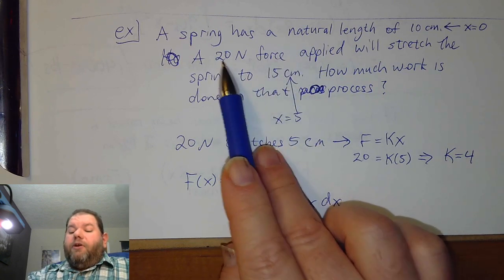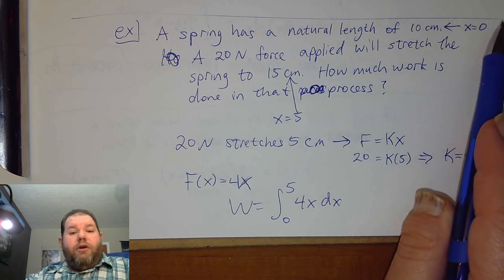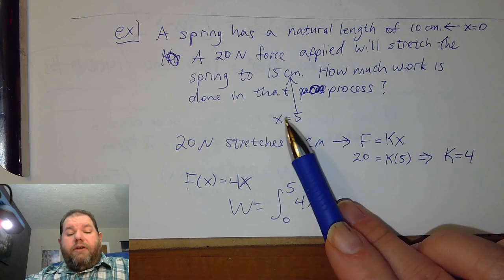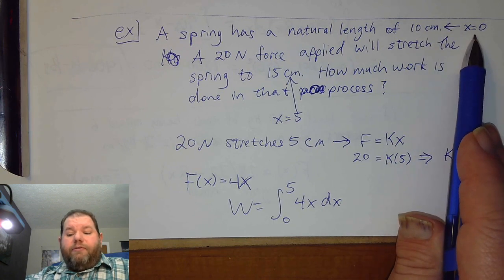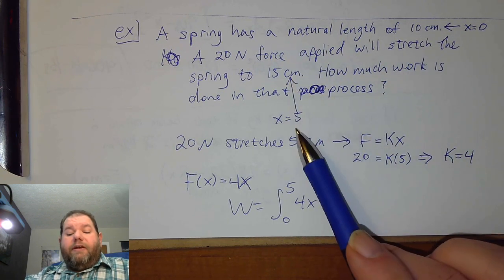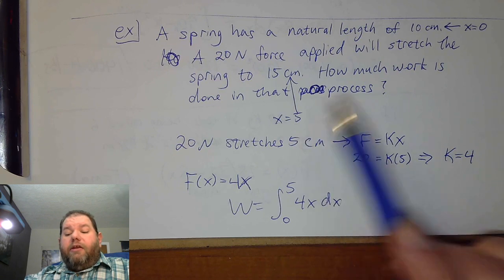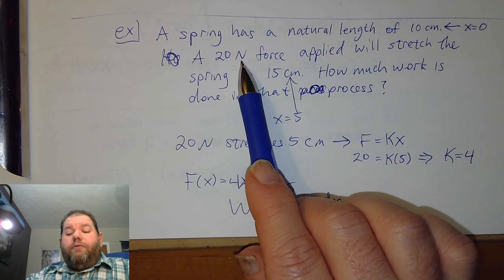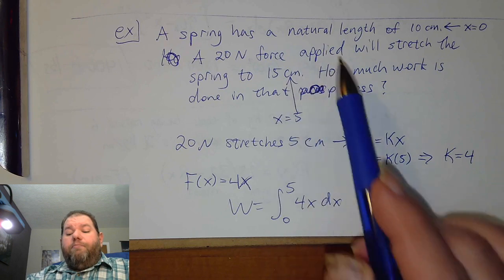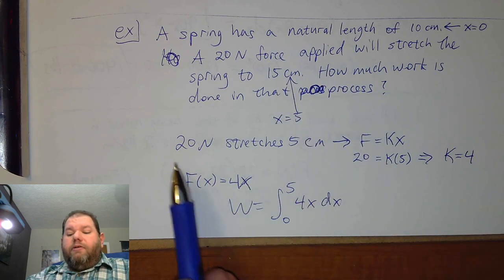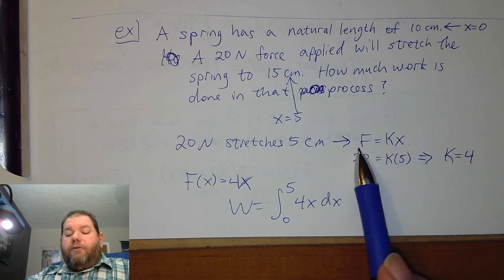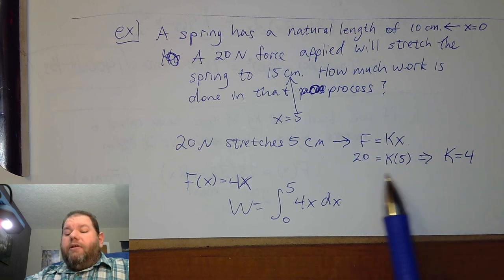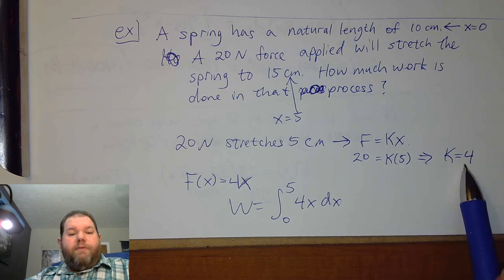So we take our information. First of all, we figure out what the x values are for each of the values in the problem. In this case, 10 centimeters is x equals 0, and 15 centimeters is x equals 5. Then we know a 20 Newton force will stretch the spring by 5 centimeters. So we plug that into Hooke's law, F equals kx, which says 20 equals k times 5, so k must be 4.